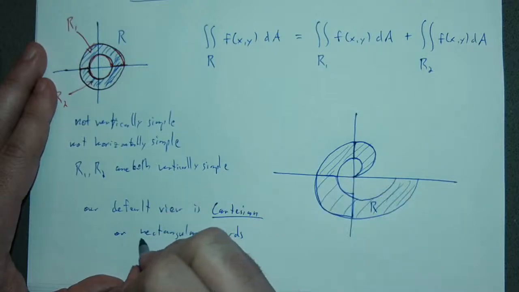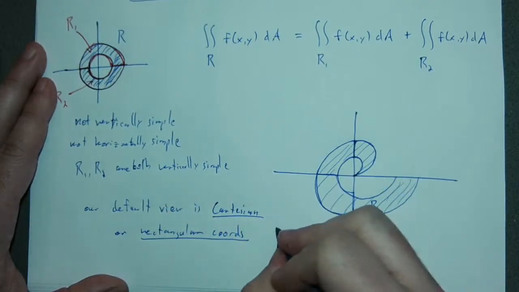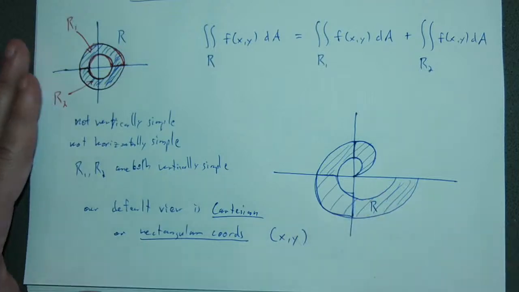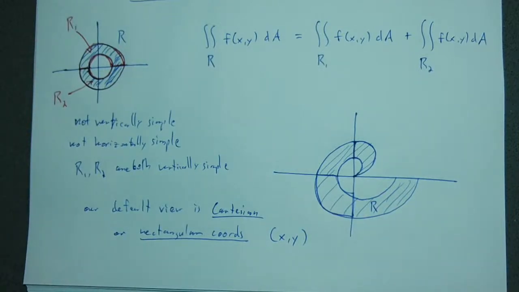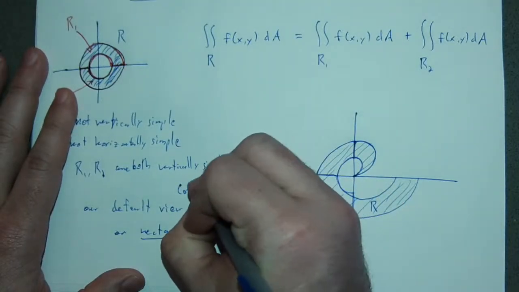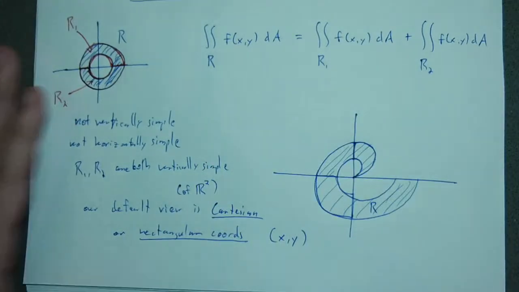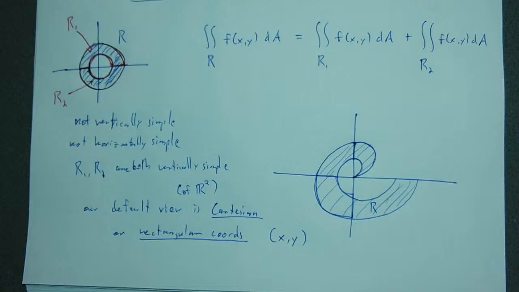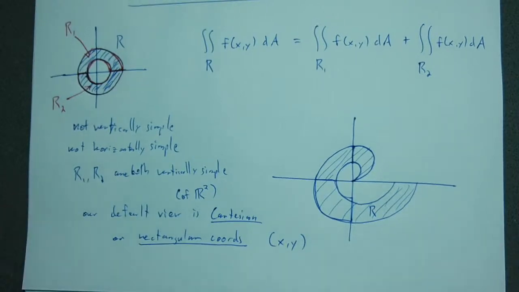Whenever you hear someone say Cartesian or rectangular coordinates, this is my normal coordinates for the plane xy. So our default view of the plane R2 is Cartesian. It's the normal coordinates that you were introduced to forever ago. But it turns out that some regions are just much nicer or much simpler in other types of coordinates.